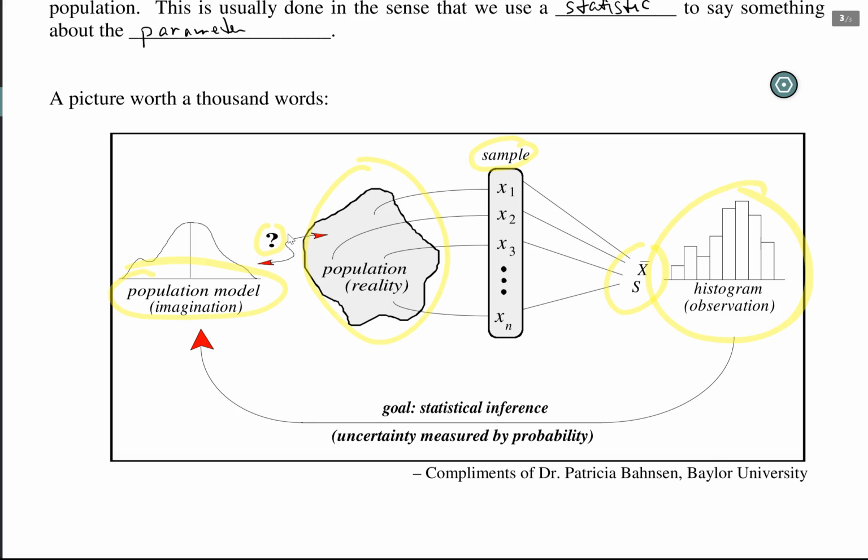Okay, but this is a nice picture. I suspect I'll come back to this in later lectures, as it gives you a good sense of what statistical inference is. Taking a sample from a population, using the statistics from that sample to say something about the population model or parameters that help describe that population. That is the field of, or the nature of, statistics.